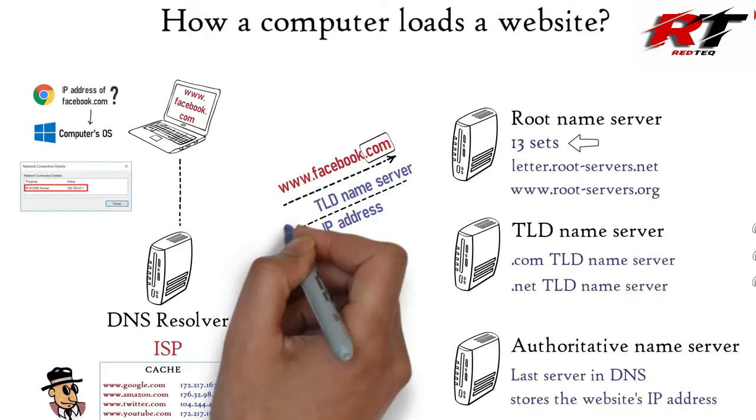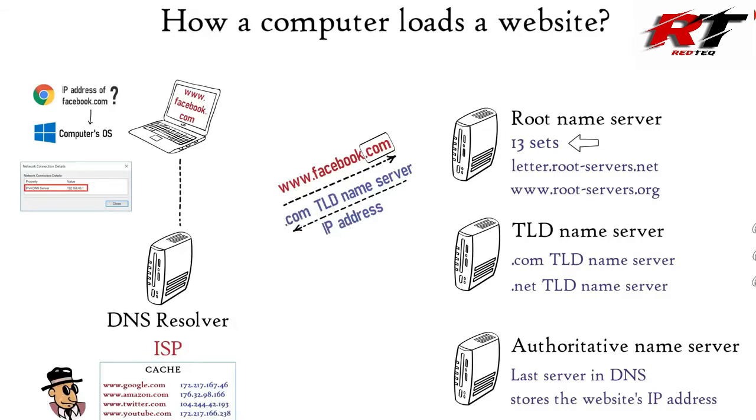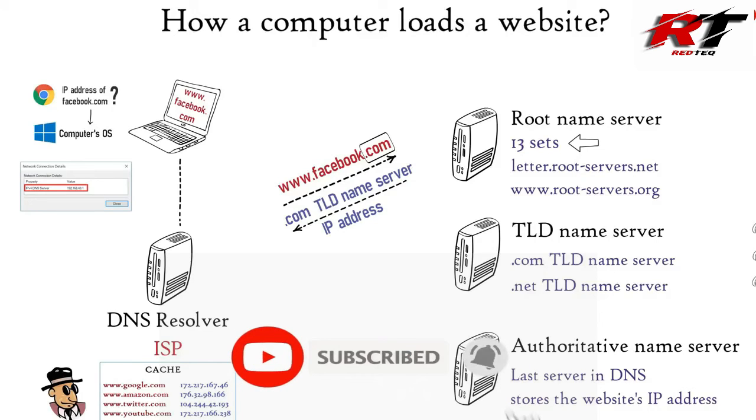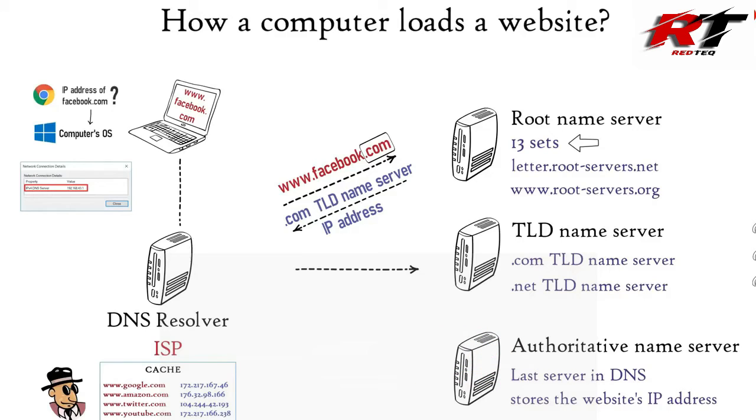In this case, the IP address of the .com TLD name server is provided to the DNS resolver. The DNS resolver then contacts the .com TLD name server, which then provides the IP address of the authoritative name server, which should necessarily store the IP address of the requested website.